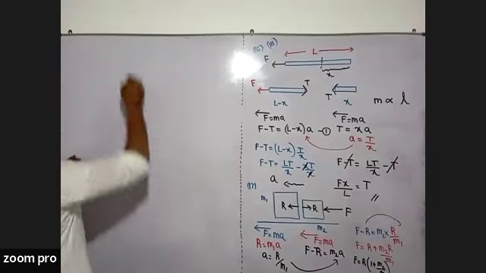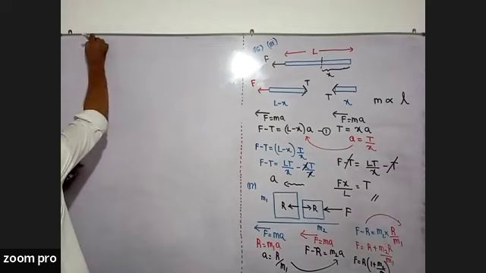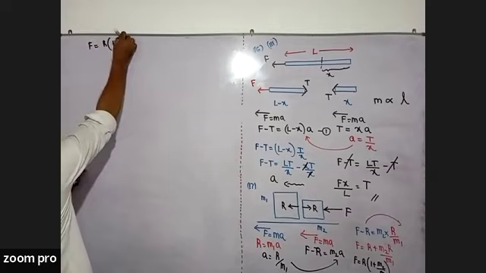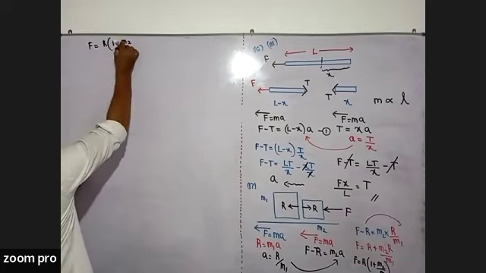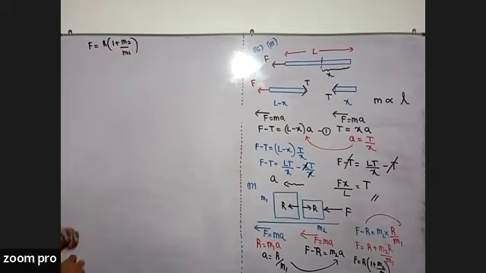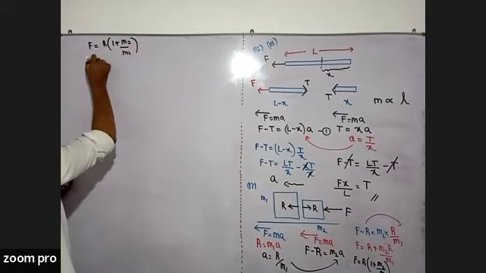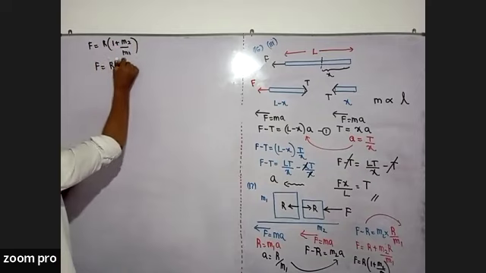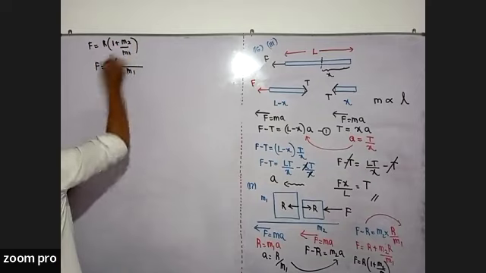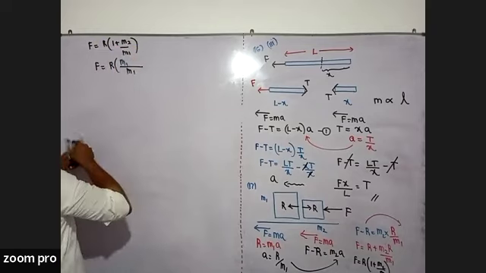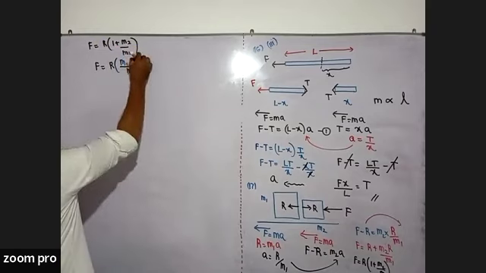So I make further simplification on this side. We have obtained that, is that correct? Right. So if I obtain the common denominator as M1, this should be substituted as M1 plus M2.